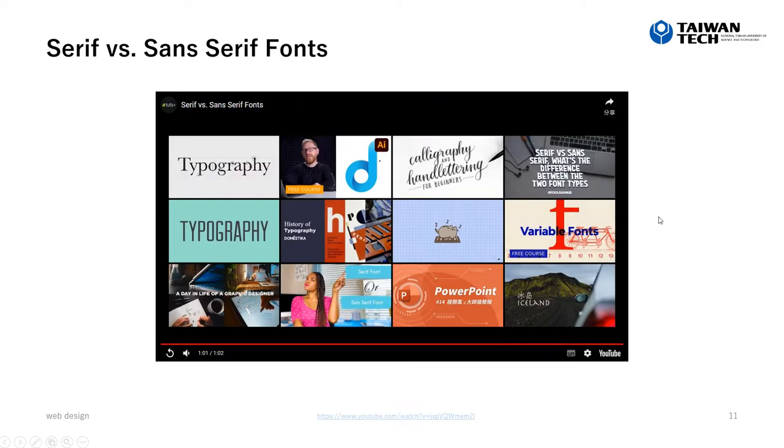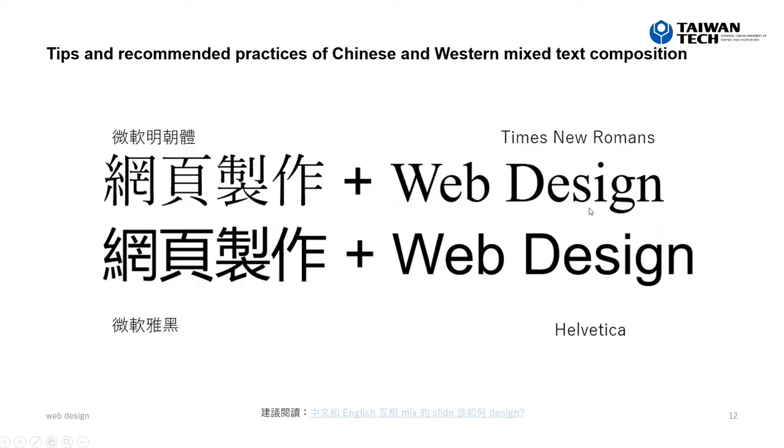Okay, so that is their difference. I suggest that in a website where we have Chinese and English at the same time, if your Chinese uses a sans serif font family, please make your English the same, sans serif. Maybe they are different font families, but these two need to be sans serif.